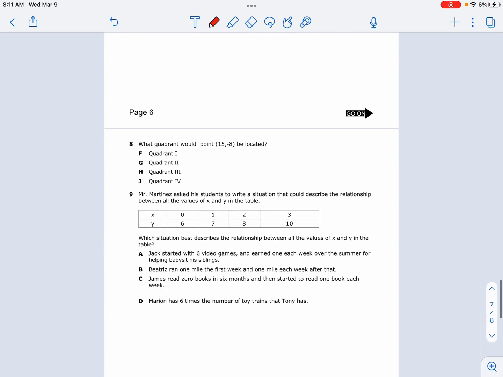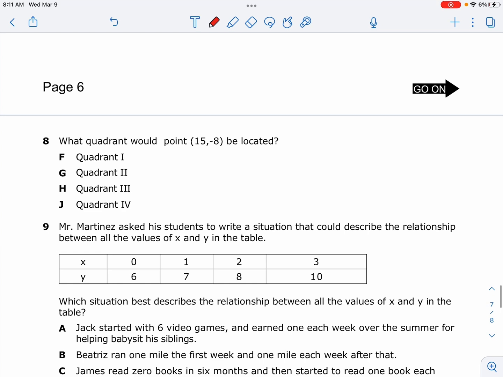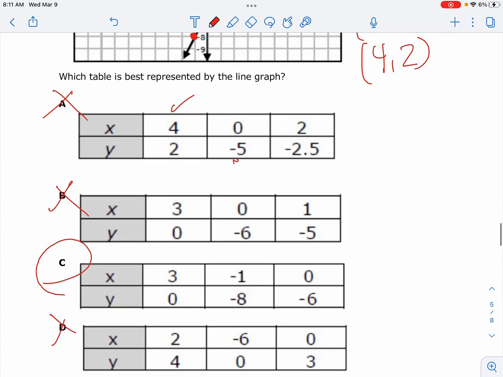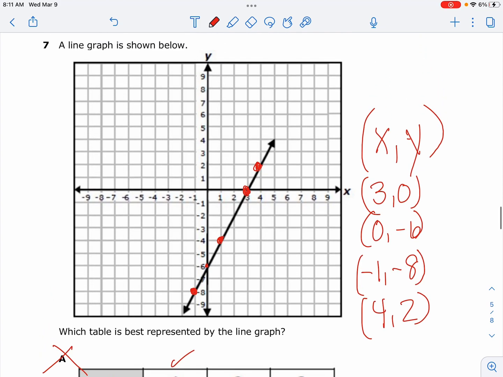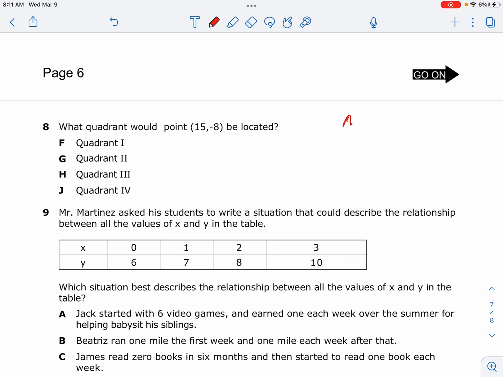Alright, number 8. We are almost done. Number 8, what quadrant would point 15, -8 be located? Well, I don't have a coordinate plane to look at. I have one up here that could help me, or I can always draw one. So let's draw my coordinate plane and label my quadrants. Well, this is quadrant 1, 2, quadrant 3, quadrant 4.